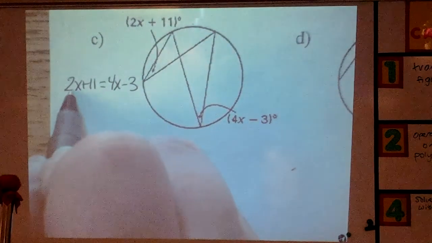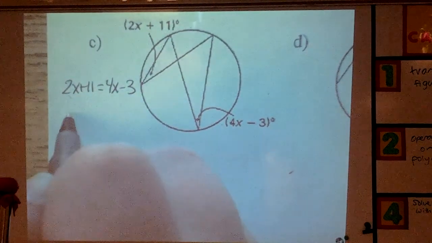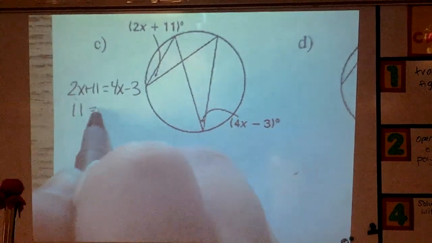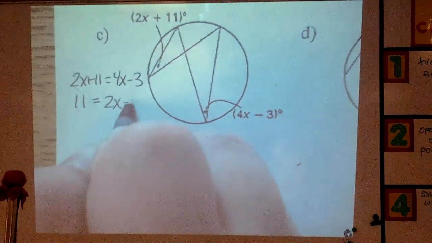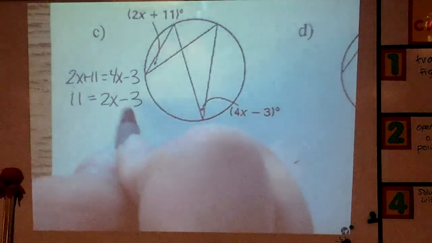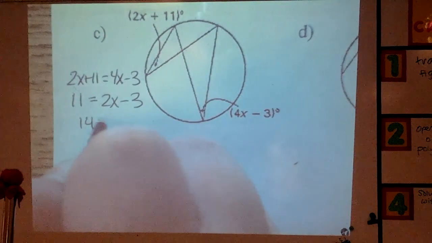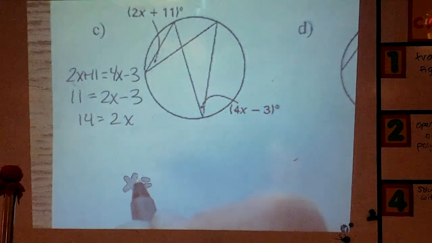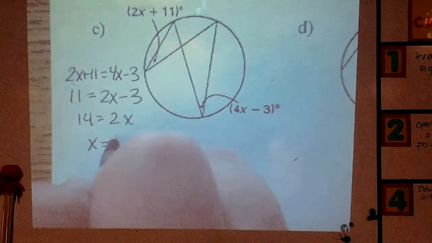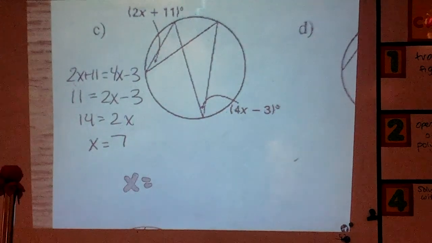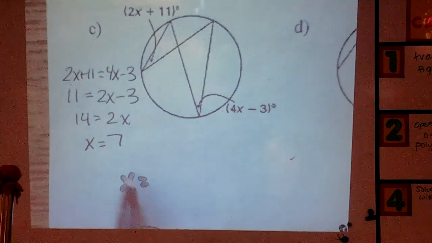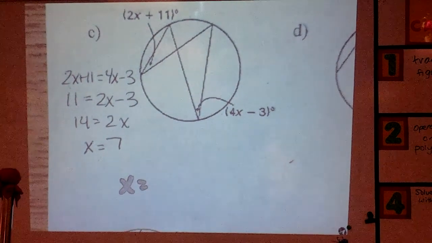I'm going to subtract the 2x over because I don't like negatives. So 11 equals 2x minus 3. Add 3 to both sides, and divide by 2. So x equals 7, and my question was asking about x, so I'm done with that problem.